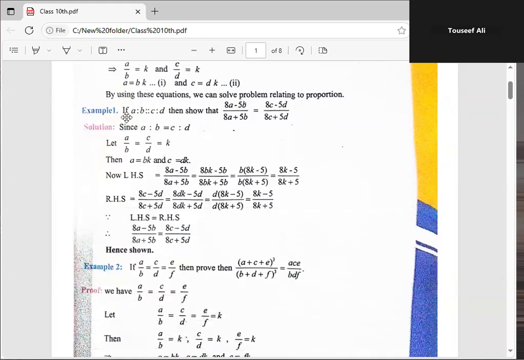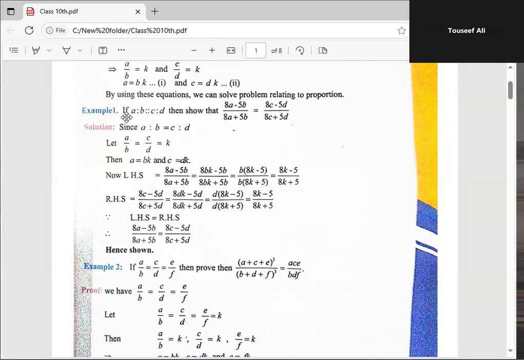In the first example, we have A ratio B proportion C ratio D. Then show that 8a minus 5b divided by 8a plus 5b equals 8c minus 5d divided by 8c plus 5d. So we have A ratio B equals C ratio D, which is given. From here we will change this ratio into fractional form.